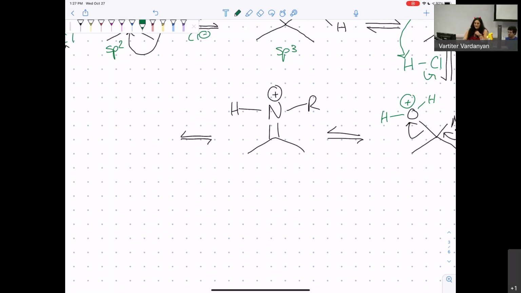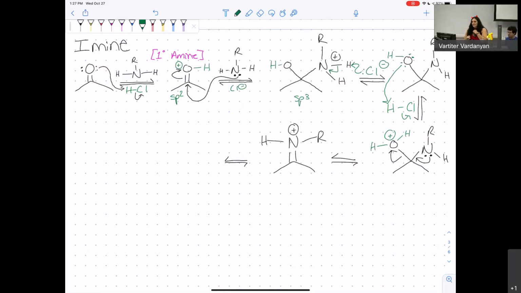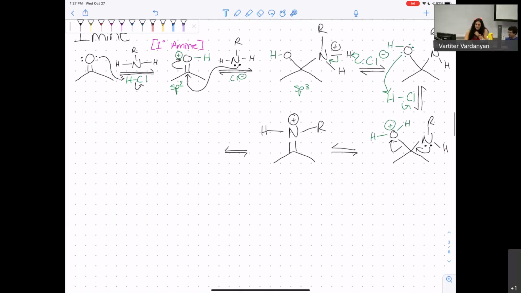But also, if you keep track from the beginning of the reaction, we start with HCl, we deprotonate it, we get Cl minus. We protonate it, we get HCl. We deprotonate it, we get Cl minus. And now we still have some Cl minus in solution, and that molecule of Cl minus is what will do the deprotonation. Cool?